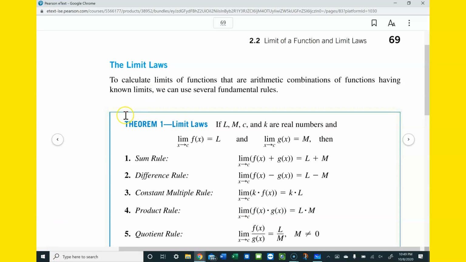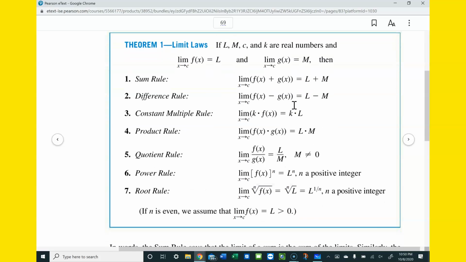All right, the next thing we have is these limit laws. These should be obvious, and they're very intuitive, simple to know. If you have the limit of a certain function f being L, and the limit of another function g being m, then you can sum the limits.